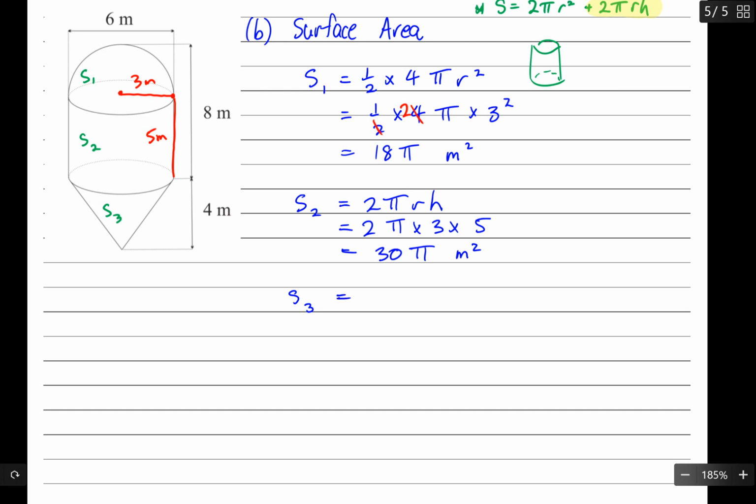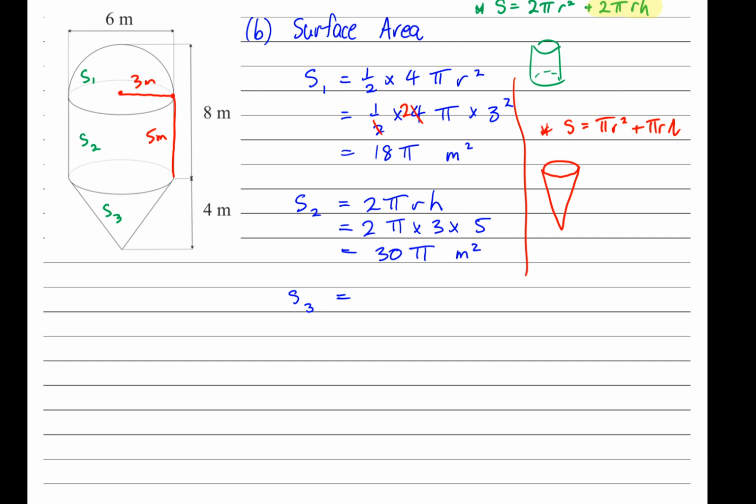S3. And again, if I were to jot down the formula for the surface area of a cone, you might be able to remember that's pi r squared plus pi r L. Okay, now if I just draw a little cone here, you can probably also remember that memorizing this formula is just no good to you.